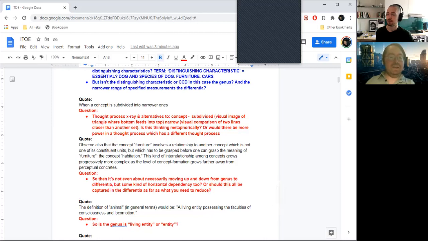Yeah. I mean, habitation is not part of furniture or even the units of furniture, but you still need to know habitation. And Rand is calling that interrelationship. Although the relationship with furniture is more complex, I do think it's something like man-made goods in a human habitation that blah, blah, blah.